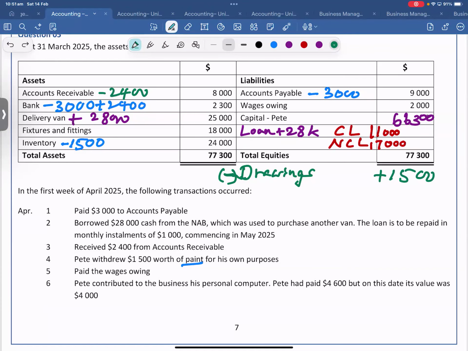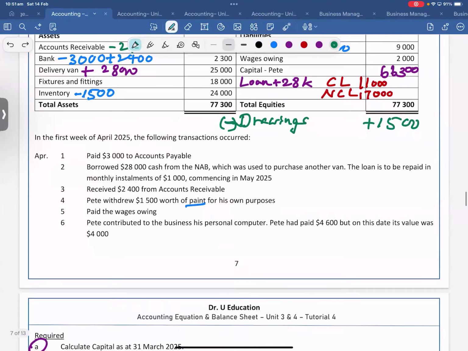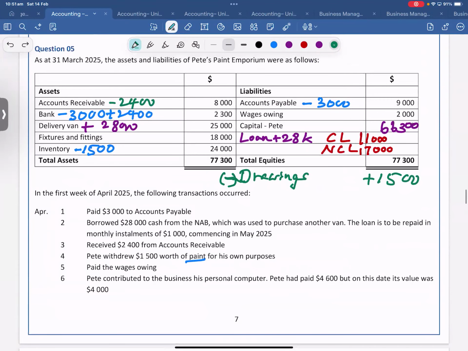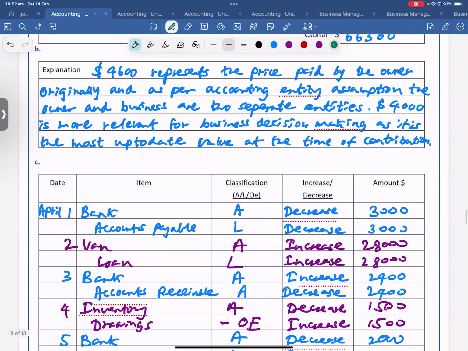So then I'm going to show you how we would record it. At this point, just write it here: drawings, 1500, and so on. This is how we would do it.